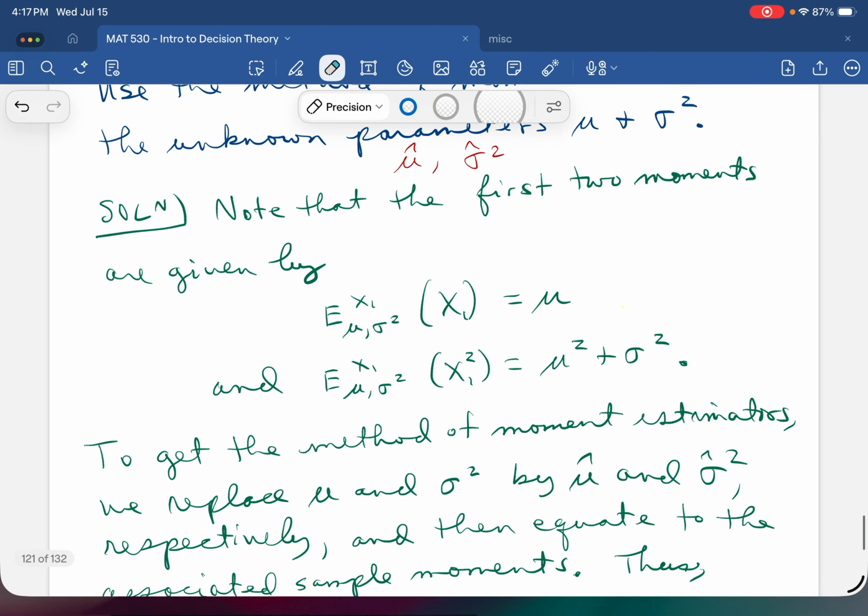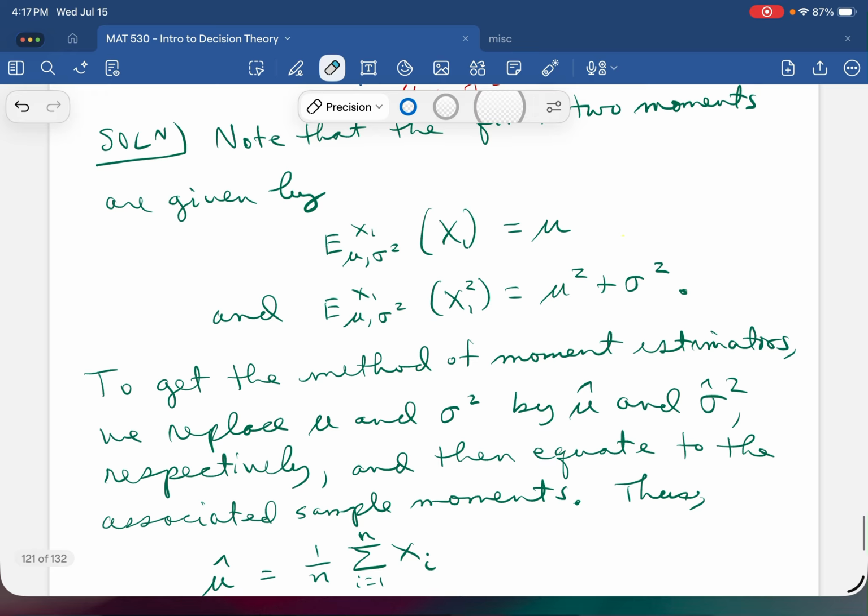So note that the first two moments are given by what we see here. So we're taking the expectation with respect to our x1 given mu and sigma squared. And then the second moment given mu and sigma squared would be mu squared plus sigma squared. We've seen that several times.